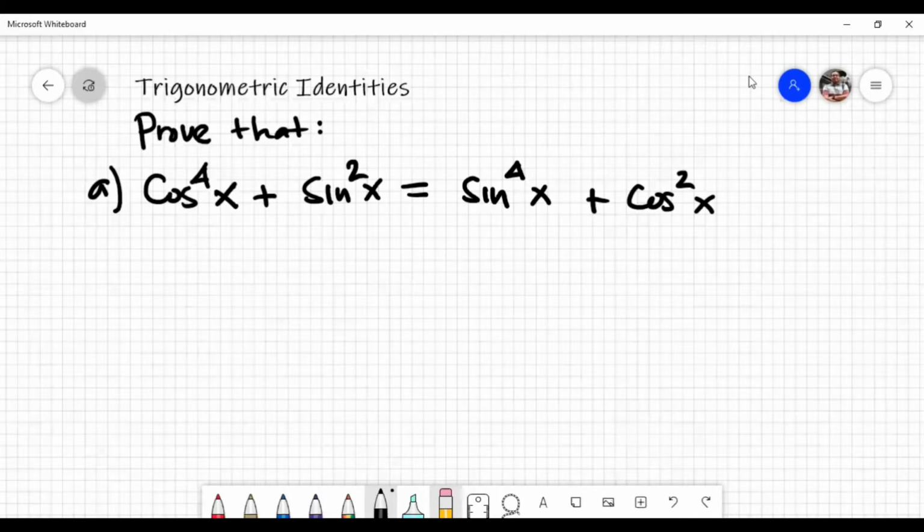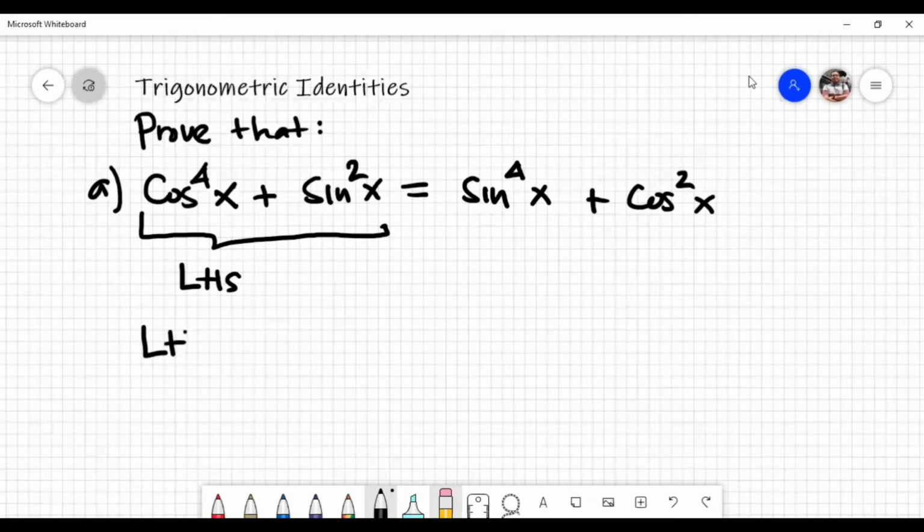For this, as the first stage to prove this, I prefer to choose this side, which is the left hand side. So we mark this as the left hand side.